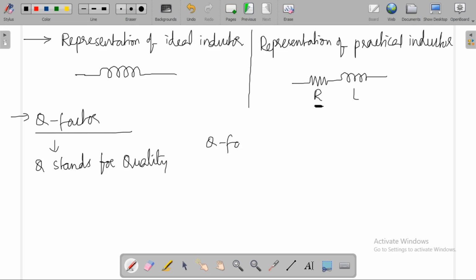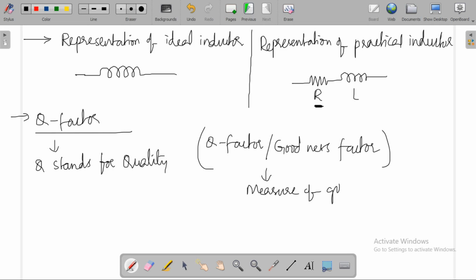Q factor or goodness factor. Q factor is a measure of goodness.